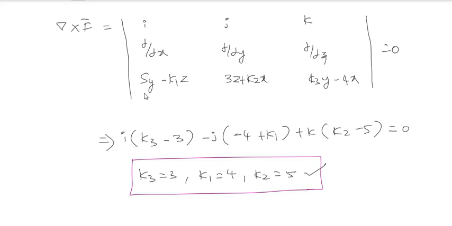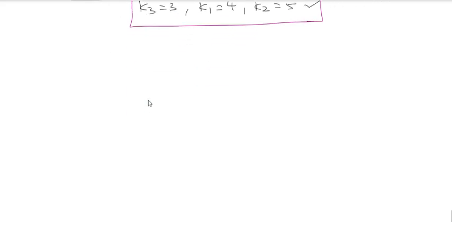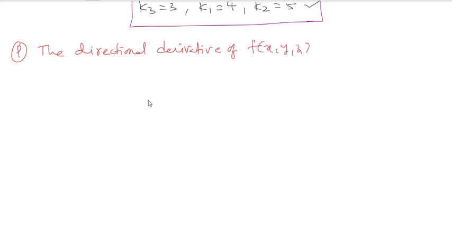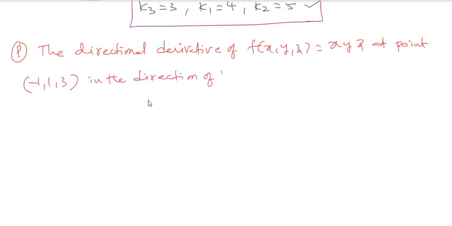Again, it is a 2 marks question. The directional derivative of f of x comma y comma z equivalent to xyz at the point minus 1 comma 1 comma 3 in the direction of the vector i bar minus 2j bar plus 2k bar is.